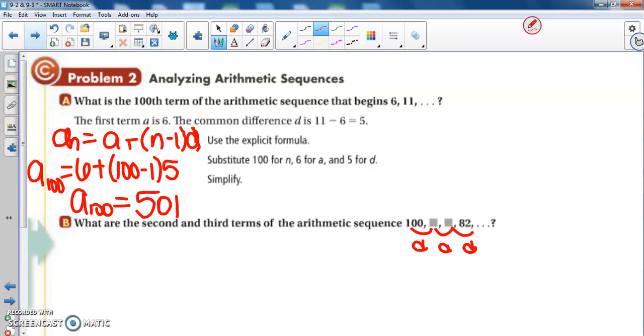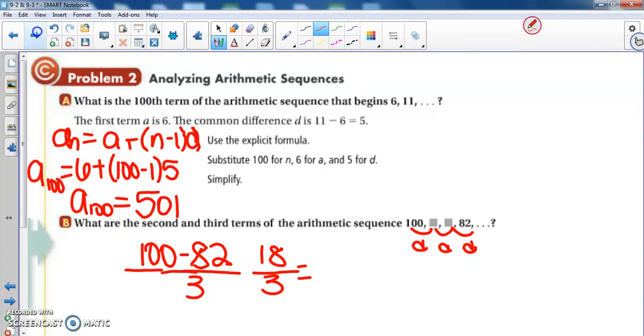To go from 100 to 82, we did that over three differences. That is equal to 18 over 3, which is 6. But since we're going down each term, it's minus 6. So 100 minus 6 is 94. 94 minus 6 is 88. 88 minus 6 is then 82.